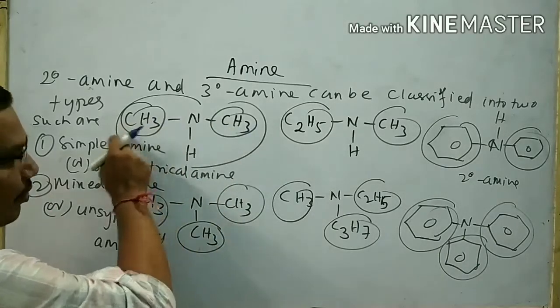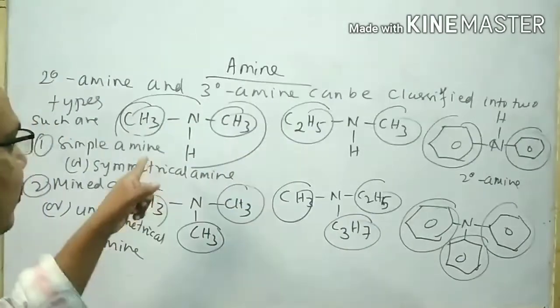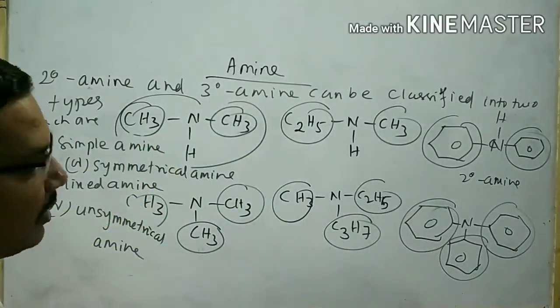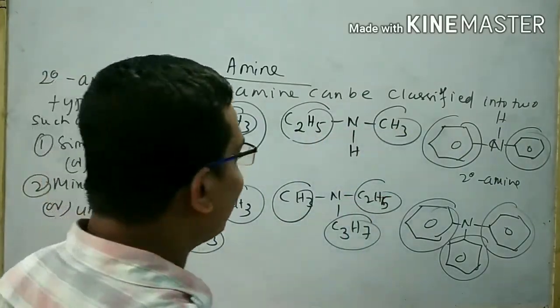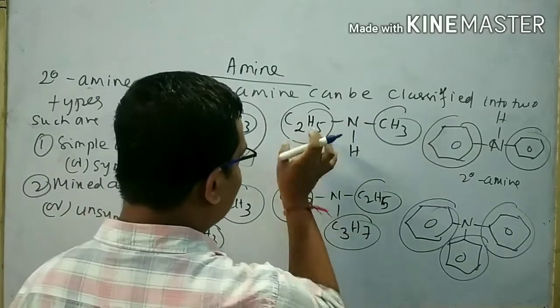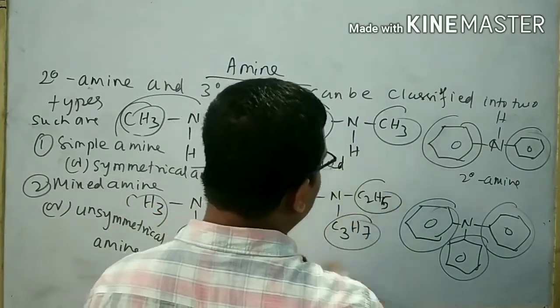Here 2 alkyl groups are present and the 2 alkyl groups are same, so it is said to be simple amine. Here 2 alkyl groups are present, but they are different. One is a methyl, another is an ethyl. That is said to be mixed amine.